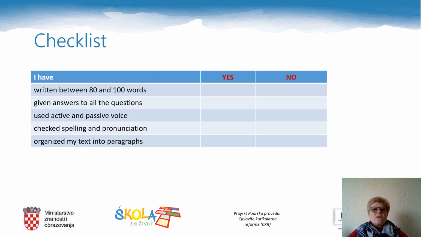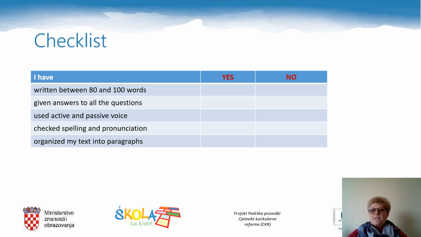To be sure that you have done all the things needed, before sending the text to your teacher, please go through this checklist to see if you have included all required elements. Check if you have written between 80 and 100 words.